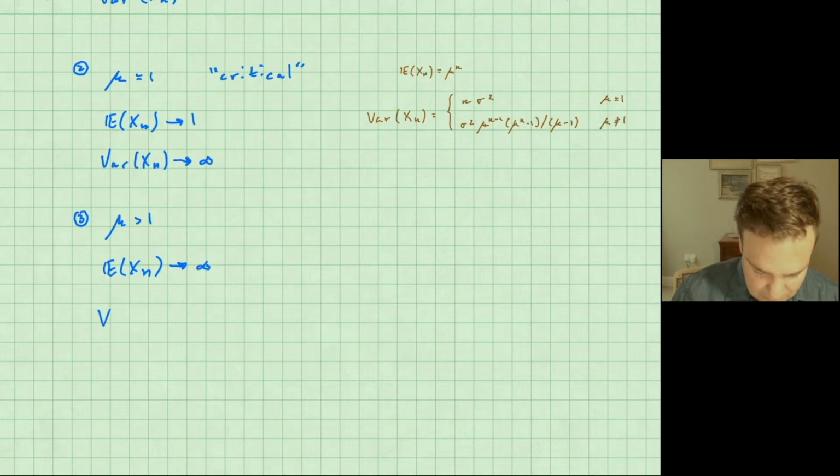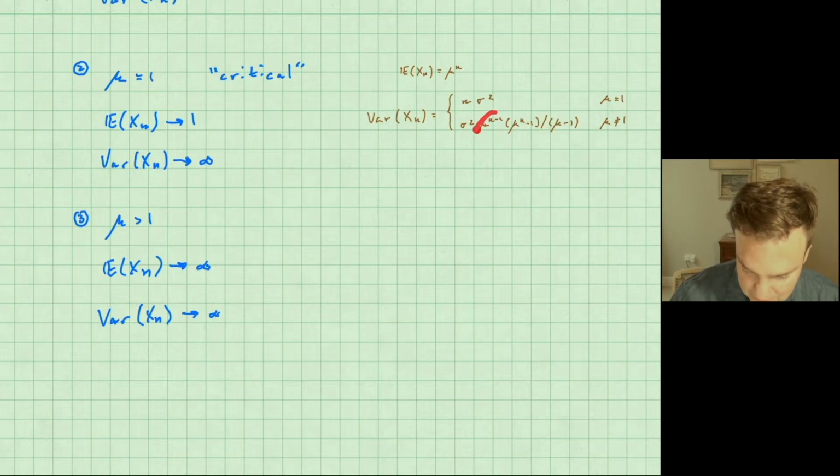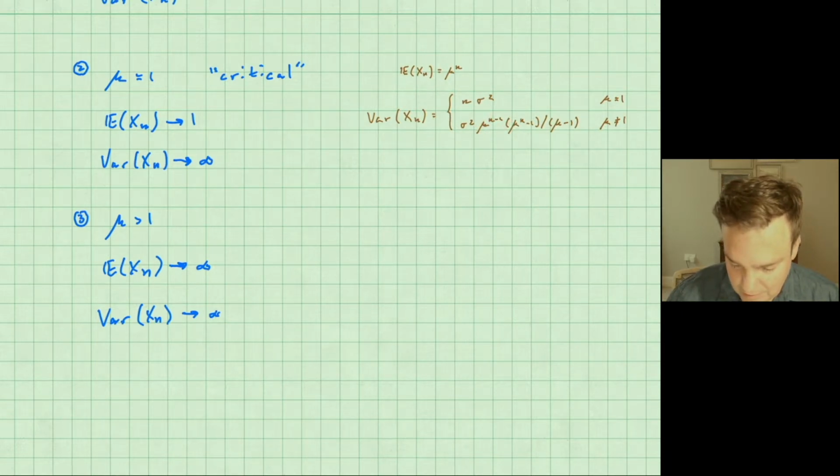So this is infinite, and the variance is also infinite. You just need to pay attention to this one term here, and that will grow faster than all the others. It's going to blow up.